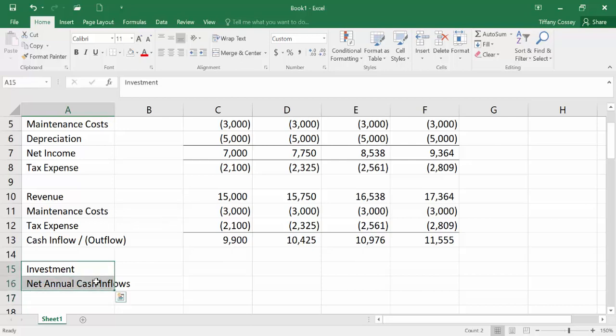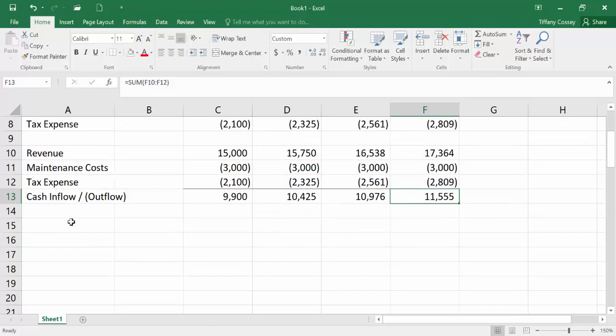But when you have a situation like this where you have uneven cash inflows from a project, you have to do a little bit more complex payback period.